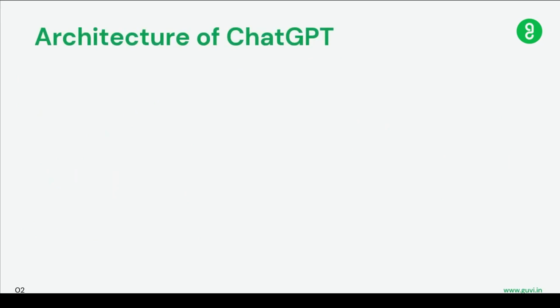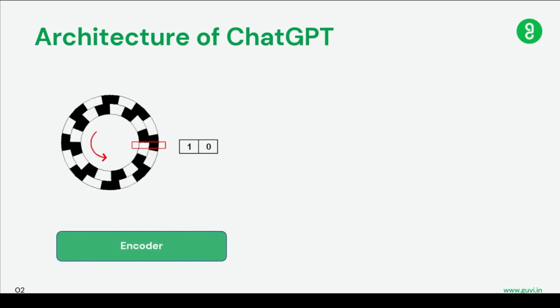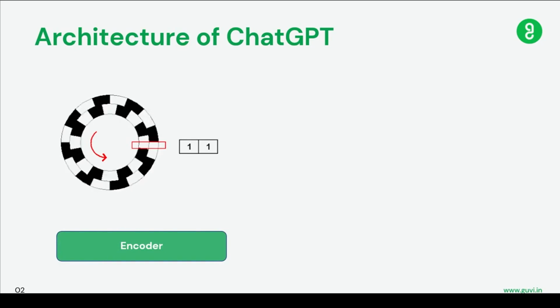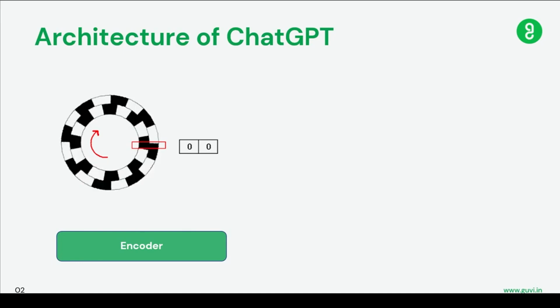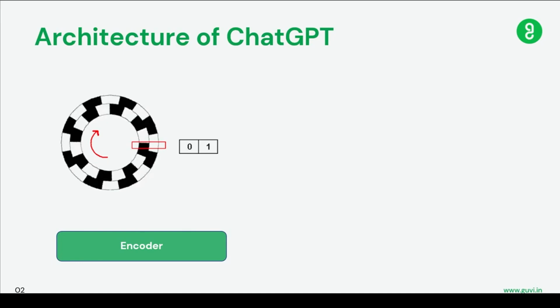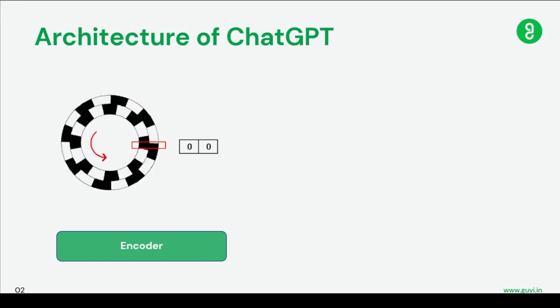The architecture of ChatGPT can be broadly classified into two components. The encoder, which is the first part of the architecture. This part takes the input text and converts it into a sequence of vectors that can be processed by the decoder. The input text is first tokenized, which means it is split into individual words or subwords, and each token is assigned a unique integer ID.